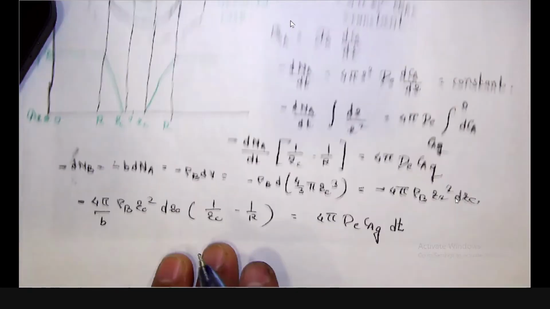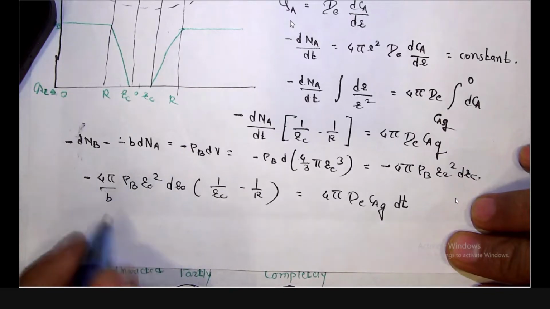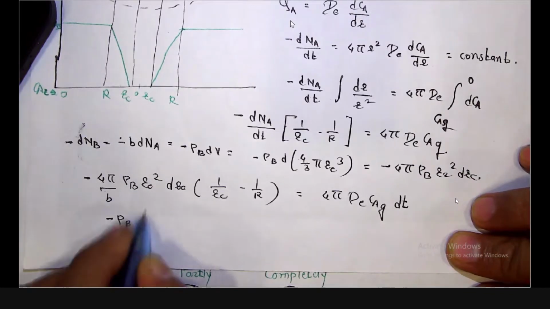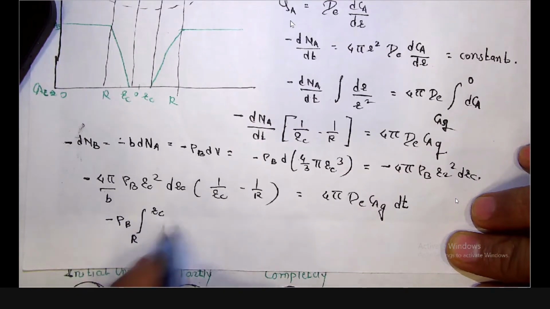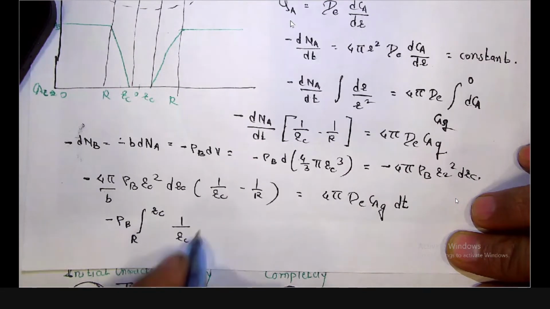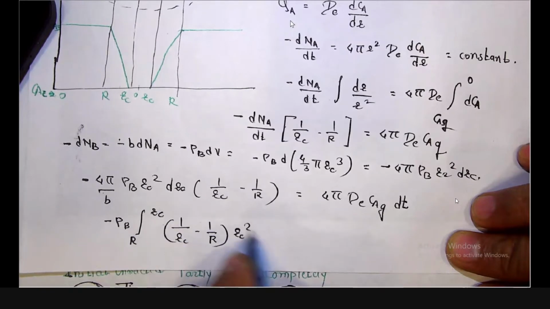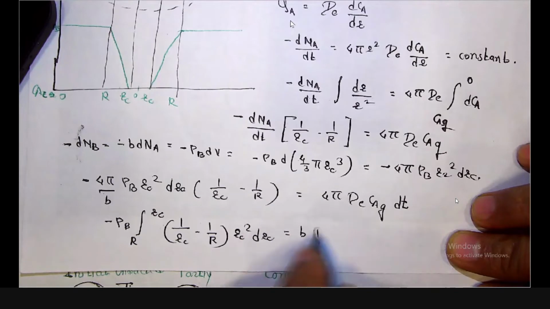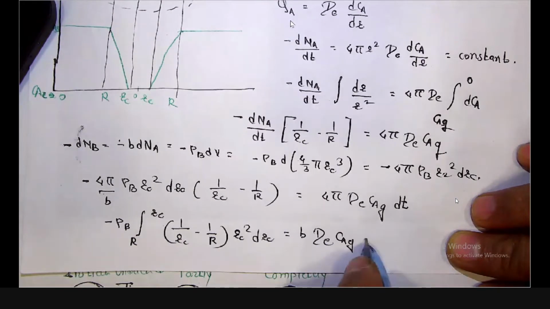So further if you simplify it, what you can write? Minus rho B, 1 upon RC minus 1 upon R, this rc square drc, 4 pi by 4 pi will get cancelled, and this will be b. You can take b on this side, CAG, it will be dt.